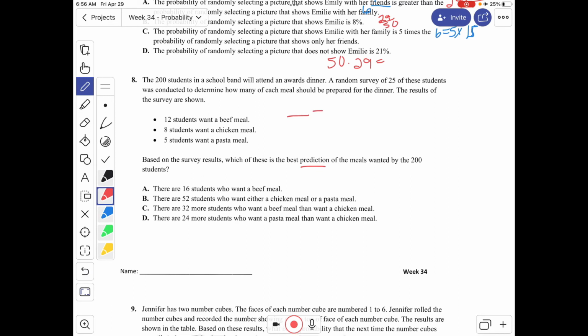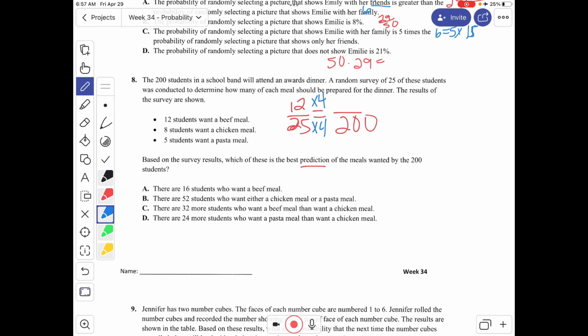It's a prediction, so we're going to set up a proportion. And you just need to predict for each one of them. So there was 12 out of 25 for the first one. And if we're predicting for 200, well, kind of think of quarters. 25 times 4.